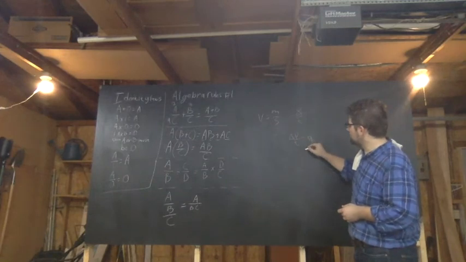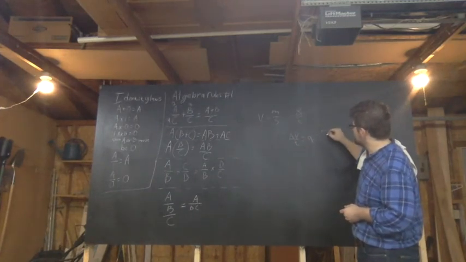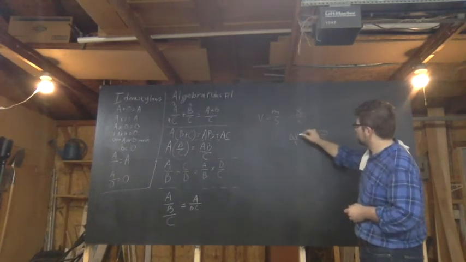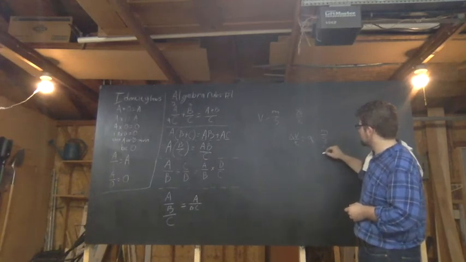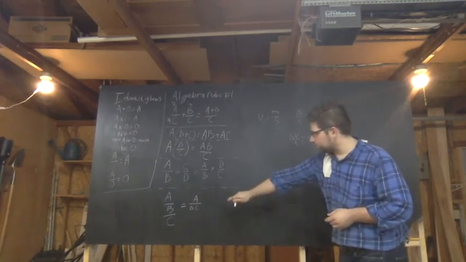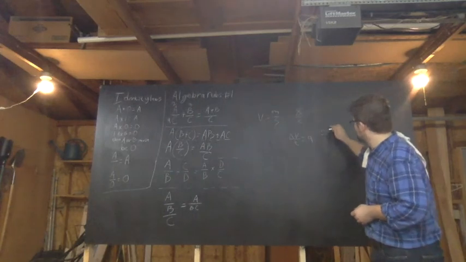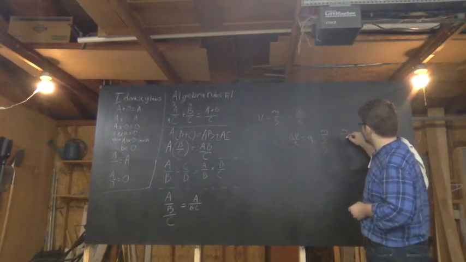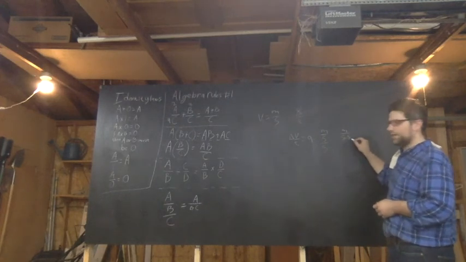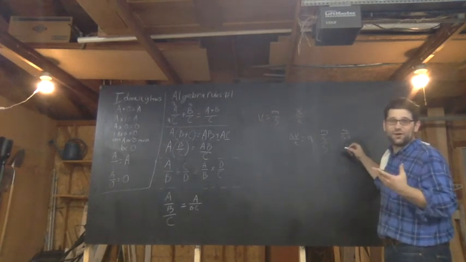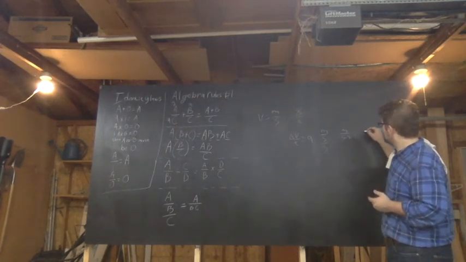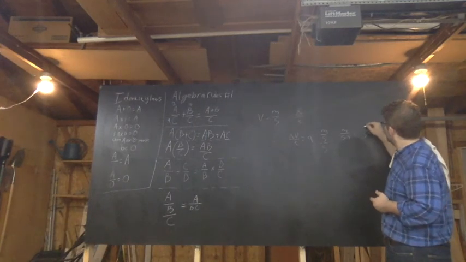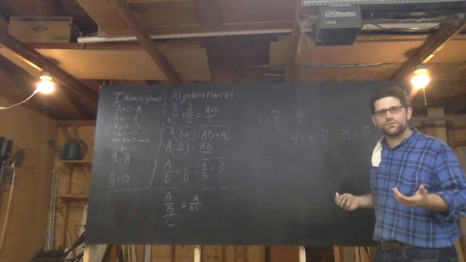So V over T, well, that's meters over seconds for V over seconds. Well, by this last law that we looked at, meters over seconds over seconds is the same as meters over seconds times seconds. Seconds times seconds, quite a mouthful, is the same as seconds squared. So that's where we get our units from.